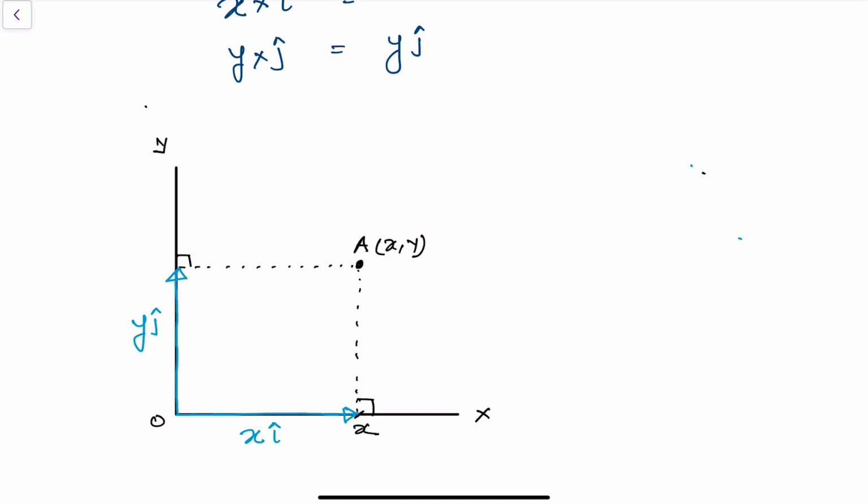Okay, understood? Now this vector can be translated, moved on this side. Remember, a vector can always be translated, that means without changing the direction, without changing the magnitude. So you can move this. So this vector which is on the right side of this rectangle is also y times j cap, isn't it?